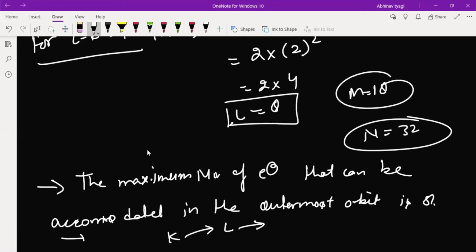When the L shell is filled, then the electrons will move into the M shell and then the N shell.